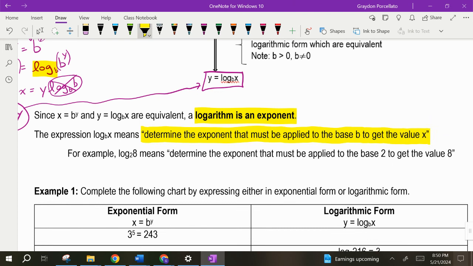For example, log of 8 base 2 means determine the exponent that must be applied to the base 2 to get 8. So basically, 2 to the power of what equals 8. Okay? So that's kind of the idea with that.